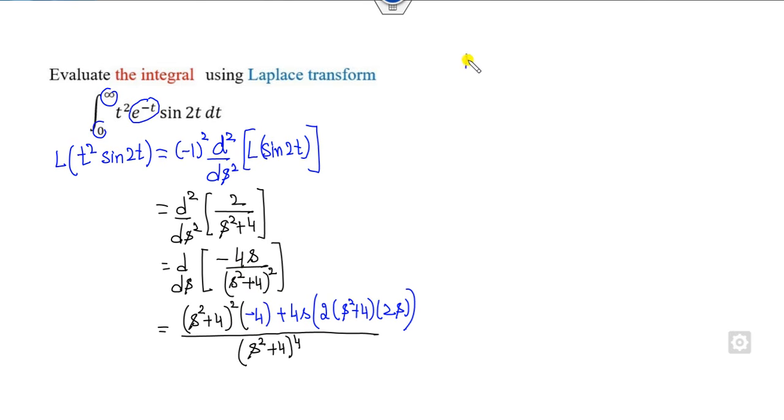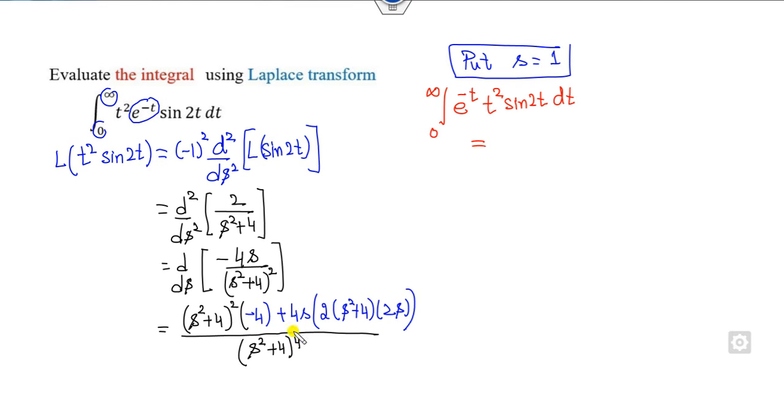Now you can substitute s equal to 1. So your left hand side becomes the integral from 0 to infinity of e raised to power minus t, t square sine of 2t dt. There is no need to simplify it; you can substitute the value directly. It is 5 square, 25, into minus 4 times 5, plus 4 times 2 times 5 times 2 divided by 5 raised to power 4.